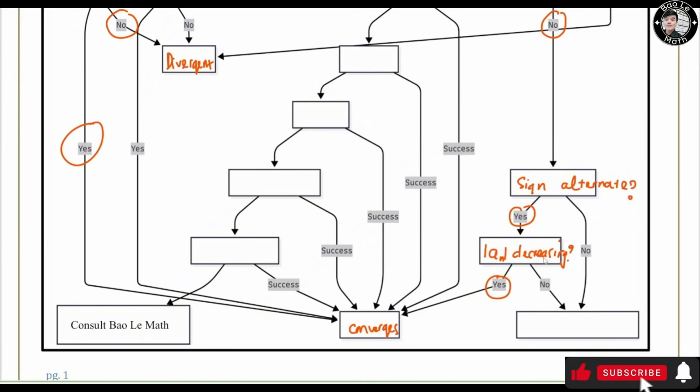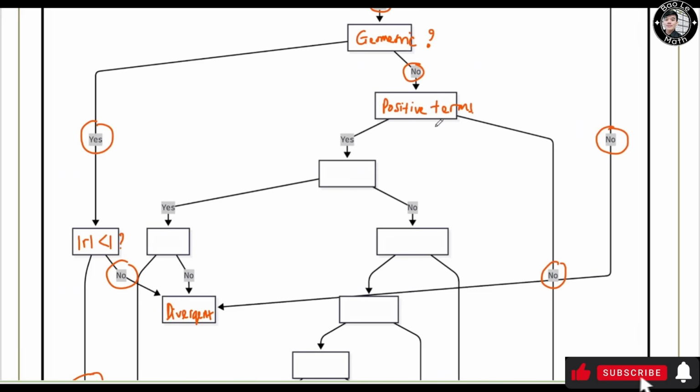If the series is not decreasing, then you're going to try absolute convergence. Now, after you check the sign and you don't see the sign alternating, you're going to try absolute convergence. If there are positive terms, we're going to think about the p-series first, right?